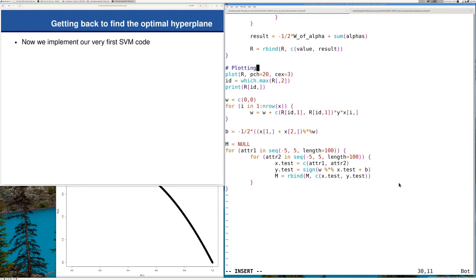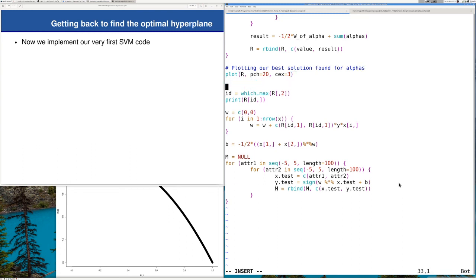Okay, I'm just going to give you some additional information here. This is for plotting our best solution. Solution found for alphas. Here we are getting the best alpha value found.